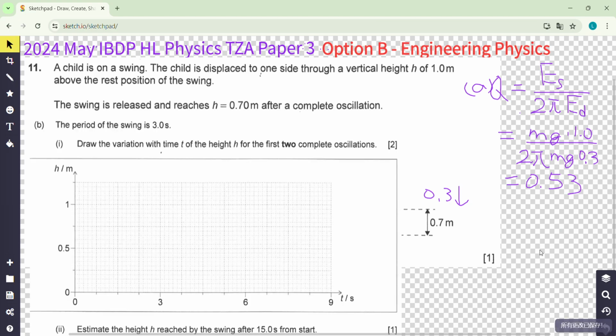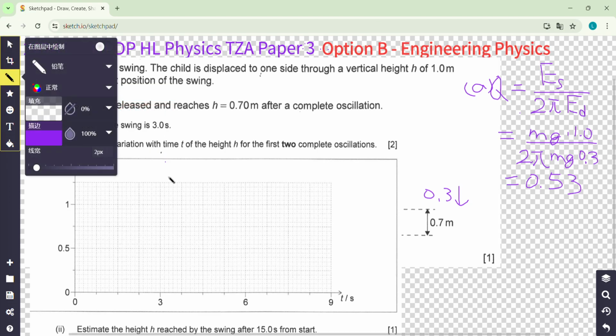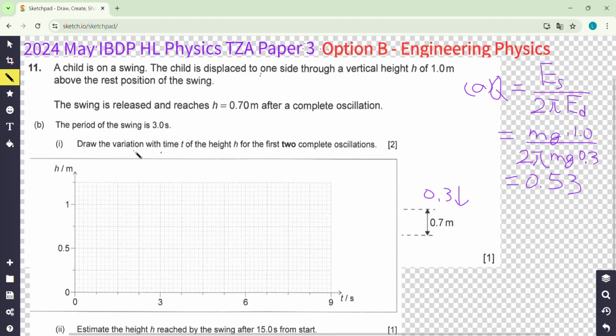Part B, and yes, the period of the swing is 3 seconds, okay? So draw the variation of the time and height for the first two complete oscillations. So first is 1, and then it becomes 0.7.